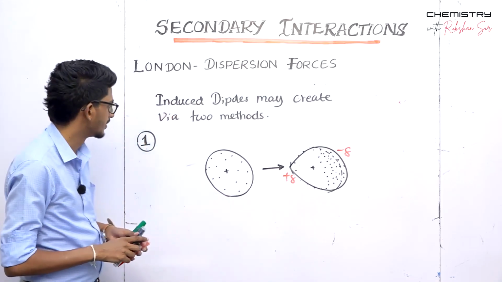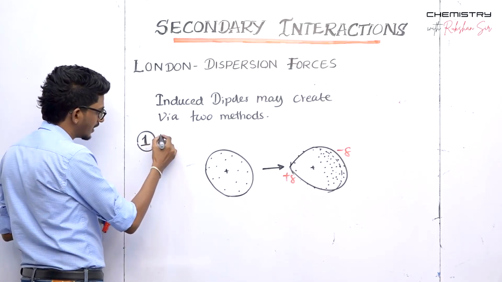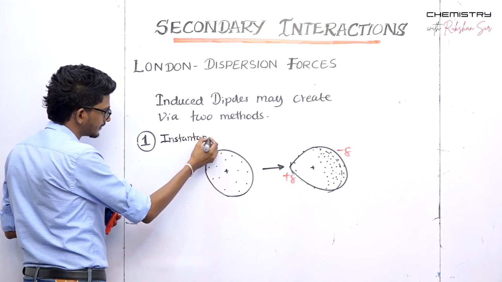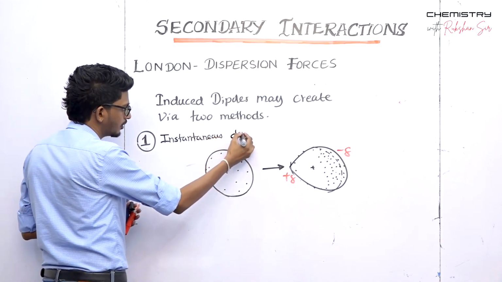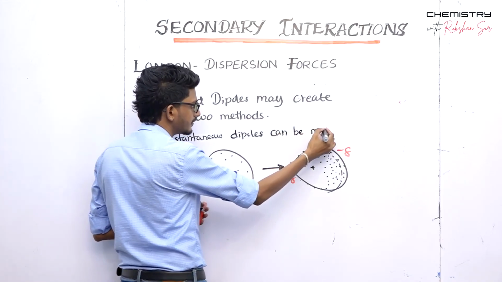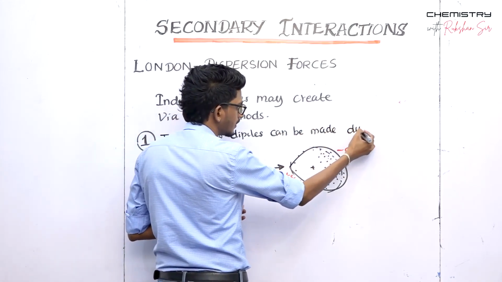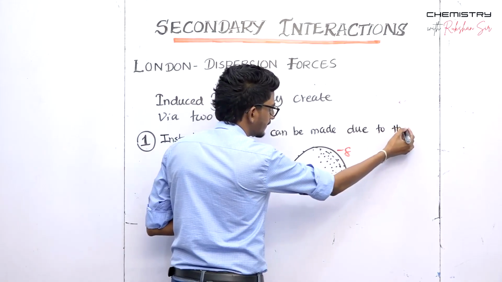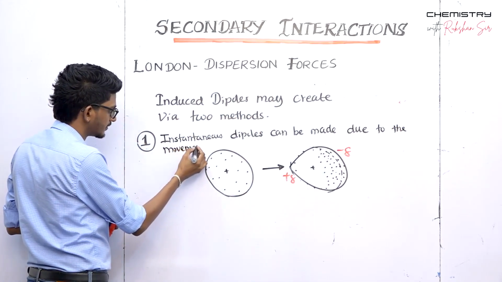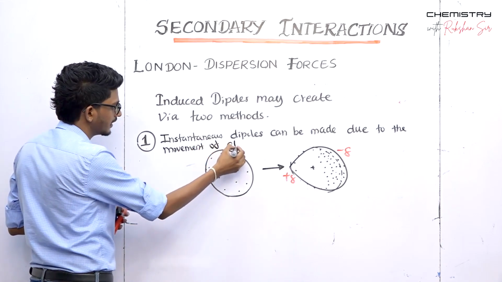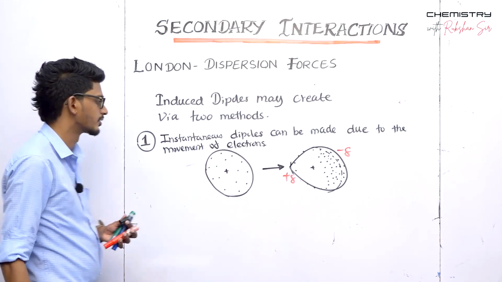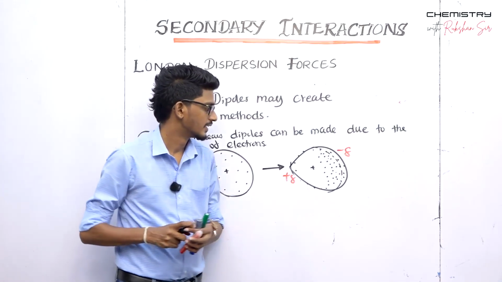So that is the first method. Instantaneous dipoles can be made due to the movement of electrons even without the presence of an external field.